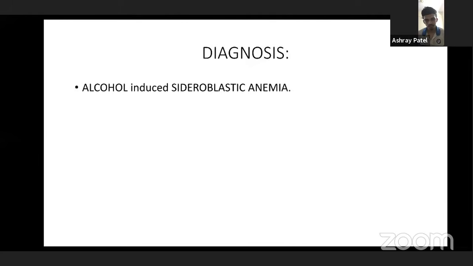In this case, it is usually mainly due to alcohol. Alcohol can induce sideroblastic anemia because alcohol can directly inhibit the rate limiting step, ALA synthesis, in a few cases. So alcohol itself can cause sideroblastic anemia. So that was the case.